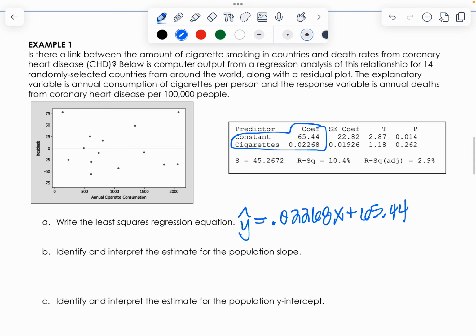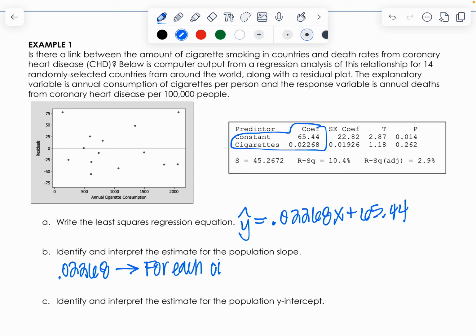Identify and interpret the estimate for the population slope, 0.02268. To interpret that, we would say for each, X was the explanatory variable. It's the annual consumption of cigarettes per person.